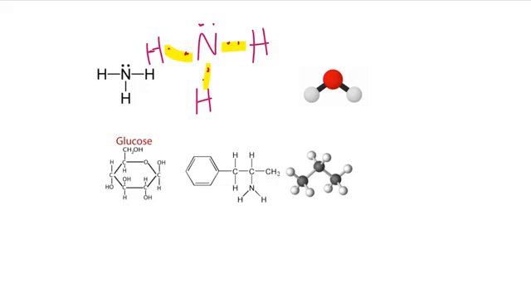Now, here's some other types of representations of compounds. Here's our H2O. So this would be a hydrogen, this would be a hydrogen, and this would be my oxygen up here. Again, we know that oxygen has 1, 2, 3, 4, 5, 6.